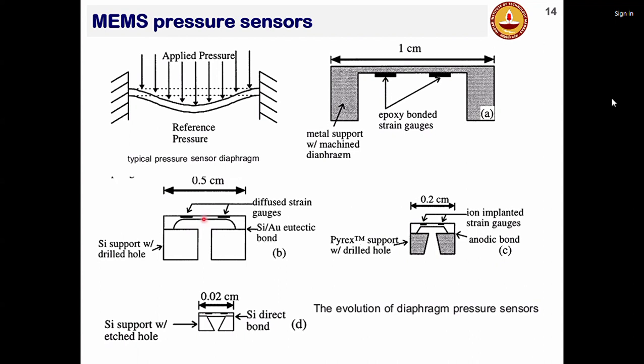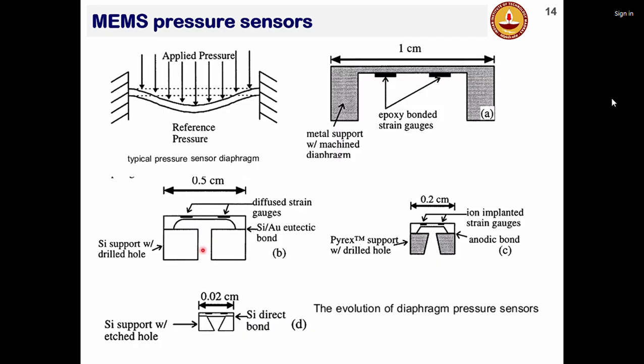So if you want to know when this film deforms, the resistance change or the capacitance change, you have to make electrical connection. So you basically create these electrode connection points indicated by these black rectangles, typically through boron implantation. And so you can make a connection to the external circuit through these points.